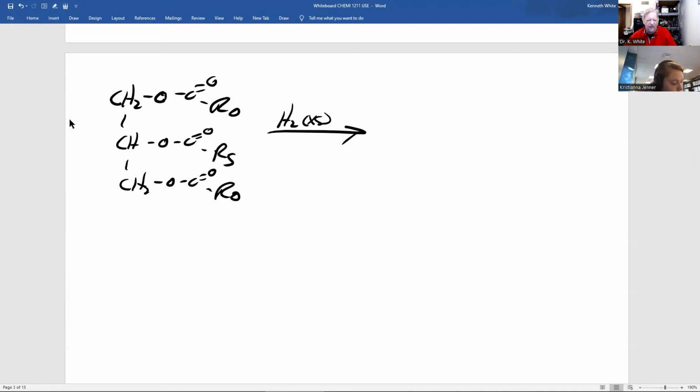I usually don't. You put in enough hydrogen to make anything. And so you take this triglyceride, fat or oil, react it with excess hydrogen and nickel. What is or are the product or products you get?